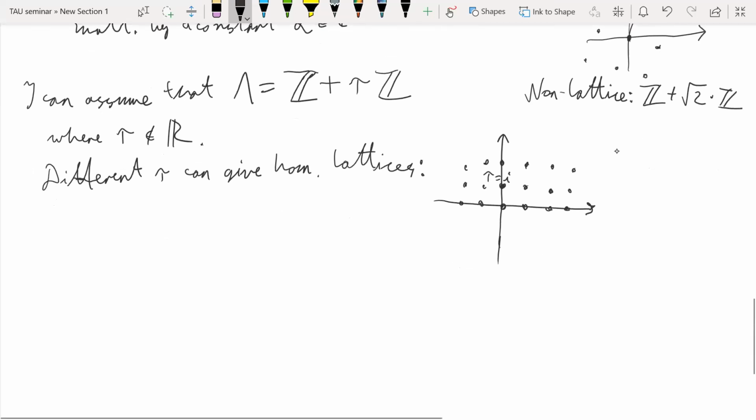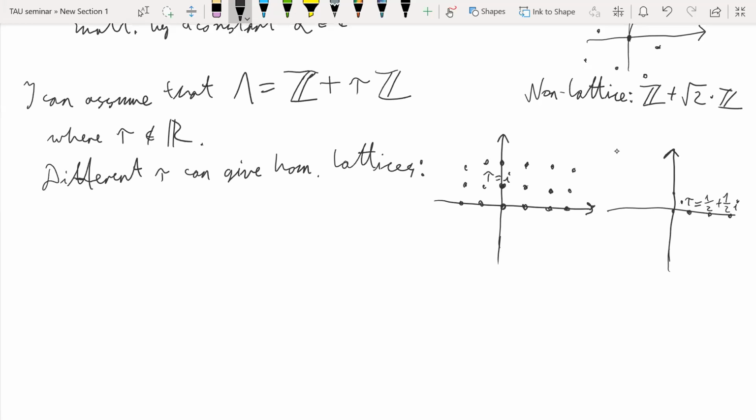The second lattice I am going to take is still going to contain the integers, but instead I am going to take tau to be equal to 1/2 plus 1/2 i.